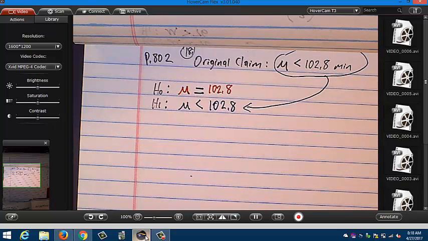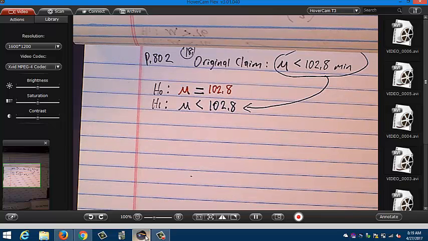Null will be equals, and then alternative will be does not equal. That's right. That would be a two-tailed test. And then if it was less than or equal to, the alternative will just be greater than. Yes. Okay, got it. That's good. So we got that down, I think.